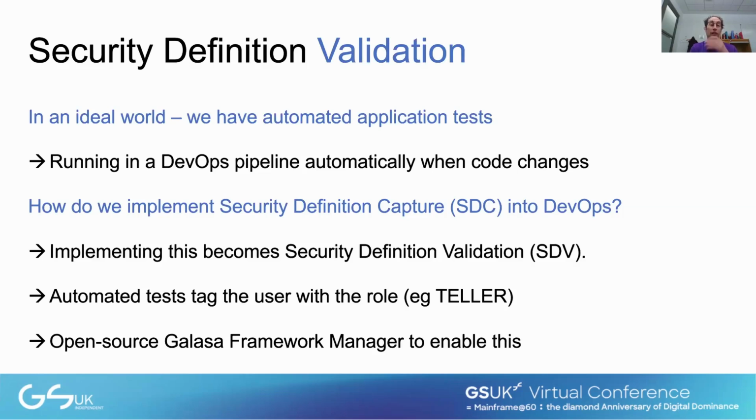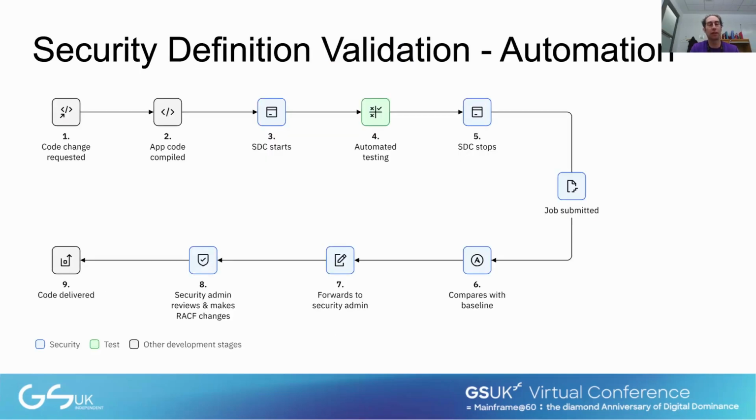So we need a way of playing into that. So we've got an open source Galasa framework manager to allow that to work, to fit into a DevOps pipeline and do the security definition validation process.